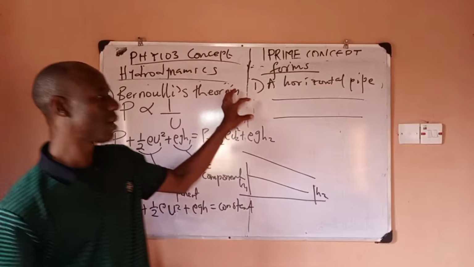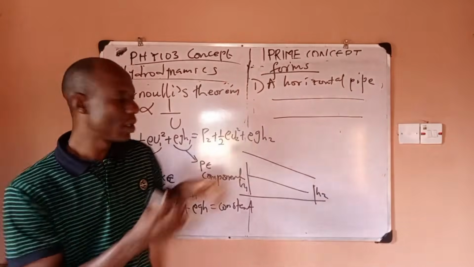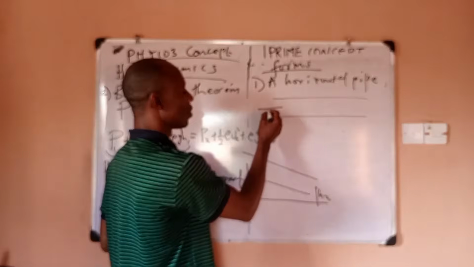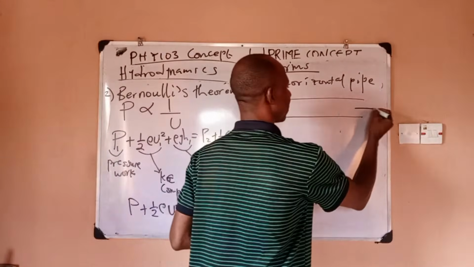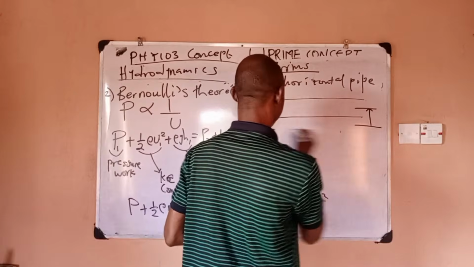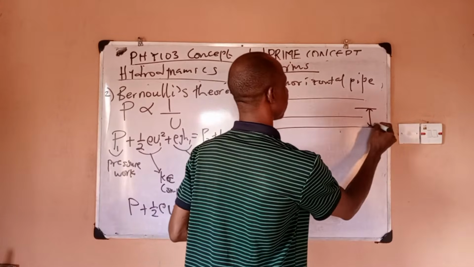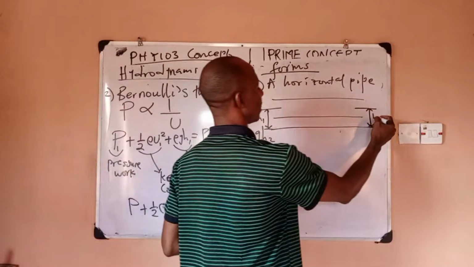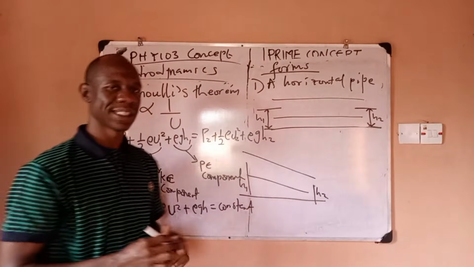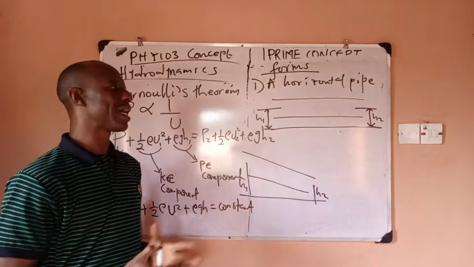But in a case where you have a horizontal pipe, because you would always measure the height from the center of the pipe to the ground, same ground level, it means that for a horizontal pipe, H1 and H2 are going to be the same, because they are at the same horizontal level.